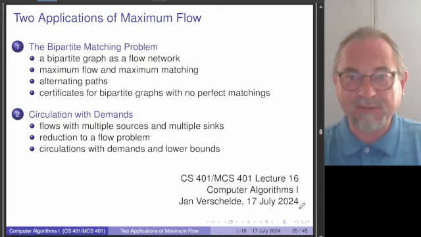Okay, that was the first half of the lecture where we considered the bipartite matching problem. It is a problem that is very similar to the first problem that we started with, the stable matching problem.